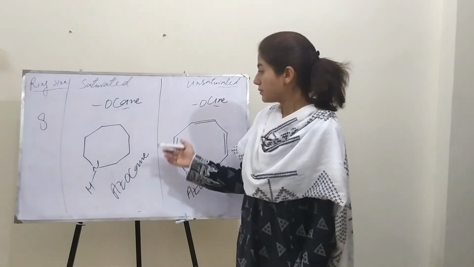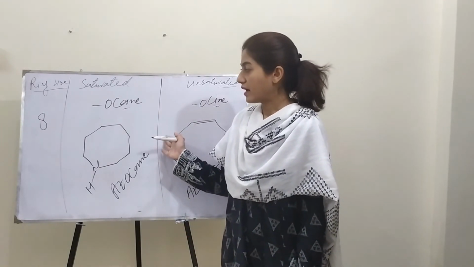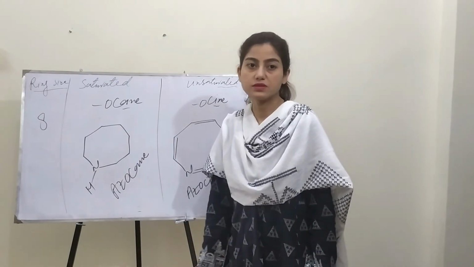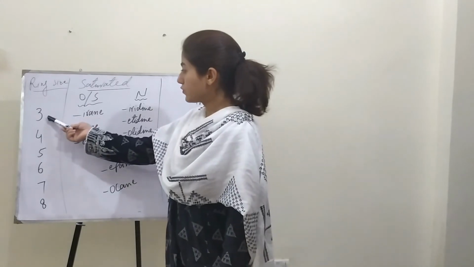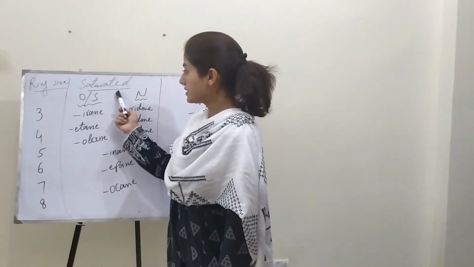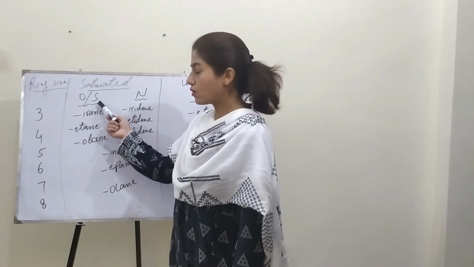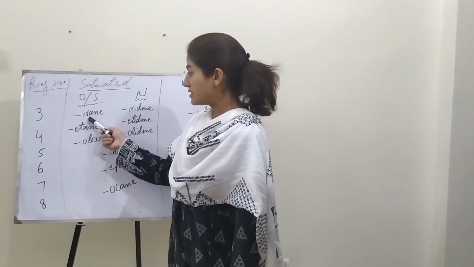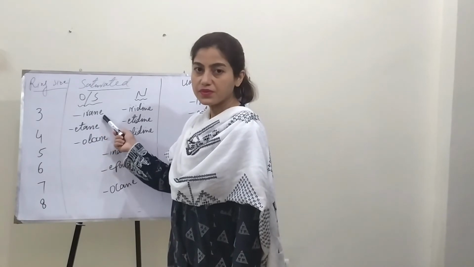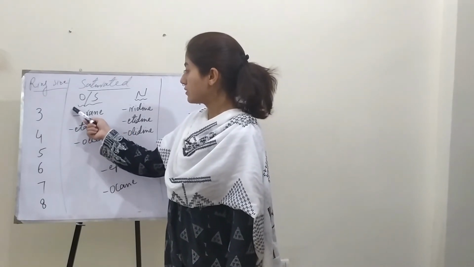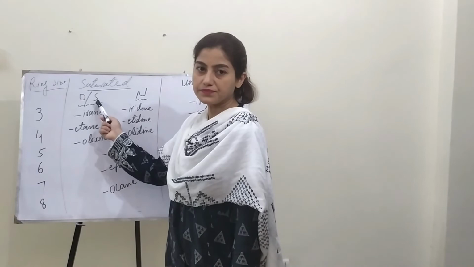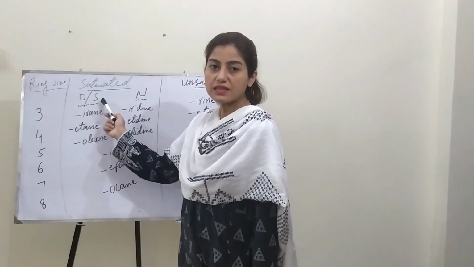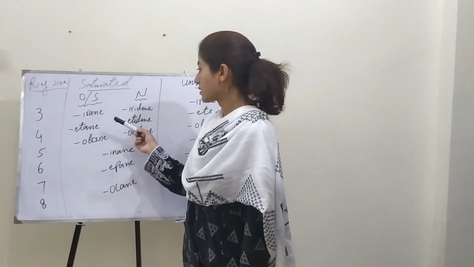So now we take a look at the overall ring systems in the case of saturated and unsaturated systems. For a 3-membered ring, the saturated system with oxygen or sulfur as the heteroatom, its name would end in irane. As a prefix, there would be either ox or thi, derived from oxa for oxygen and thia for sulfur.